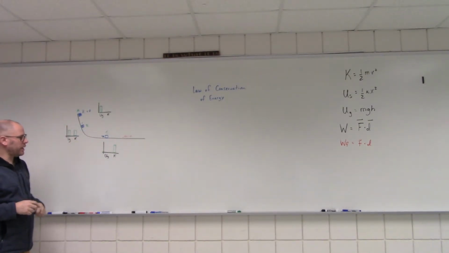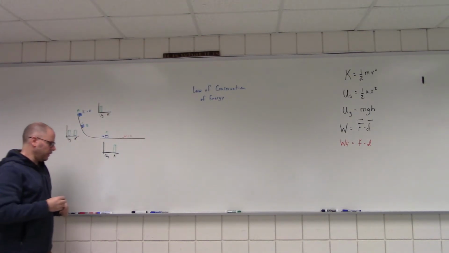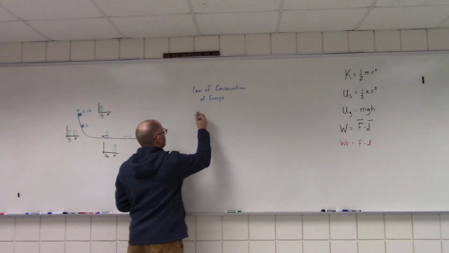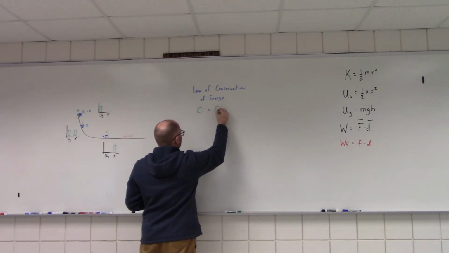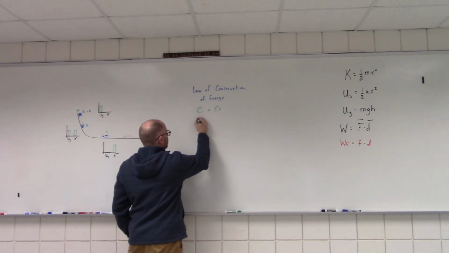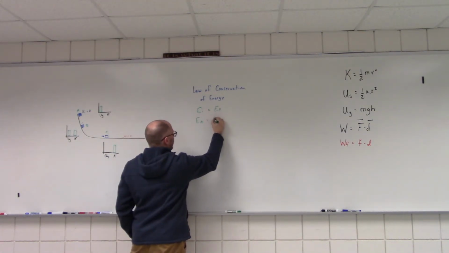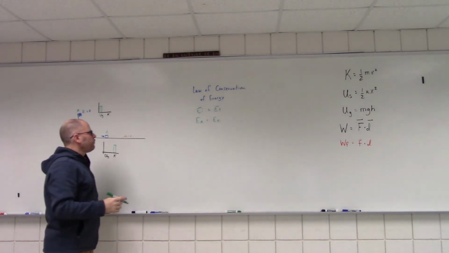So we look at here, and we see that the total amount of energy stays the same. We'll call these A, B, and C. So if we just compare, let's say A and C, for example, the initial energy has to equal the final energy. So in this case, the energy at A has to be equal to the energy at C. No big deal.